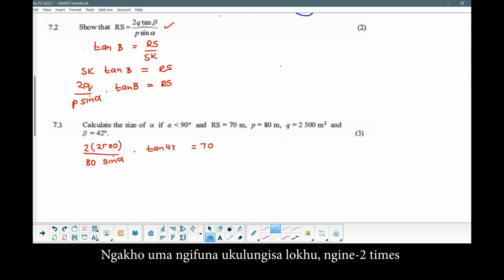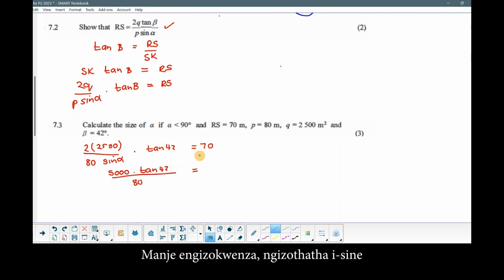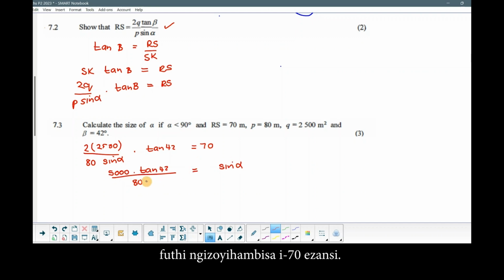So if I want to rearrange this, I have 2 times 2,500, which is 5,000, times tan 42, all over 80. Now watch what I'm going to do. I'm going to take the sine alpha over onto the other side so that I can isolate it, and I'm going to move the 70 to the bottom. So let's go to the calculator.